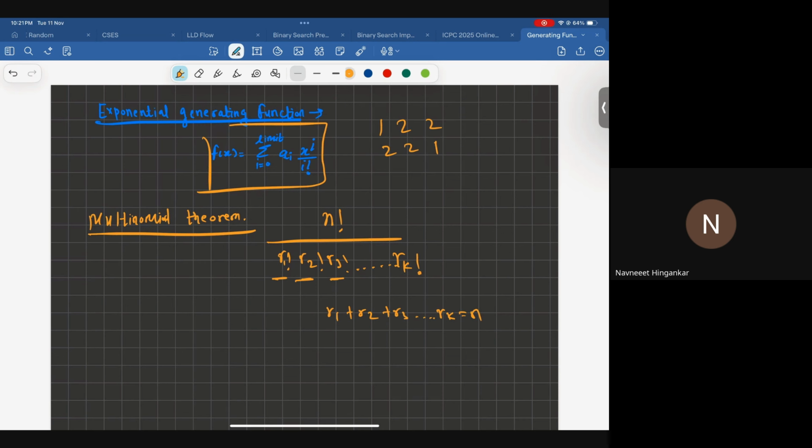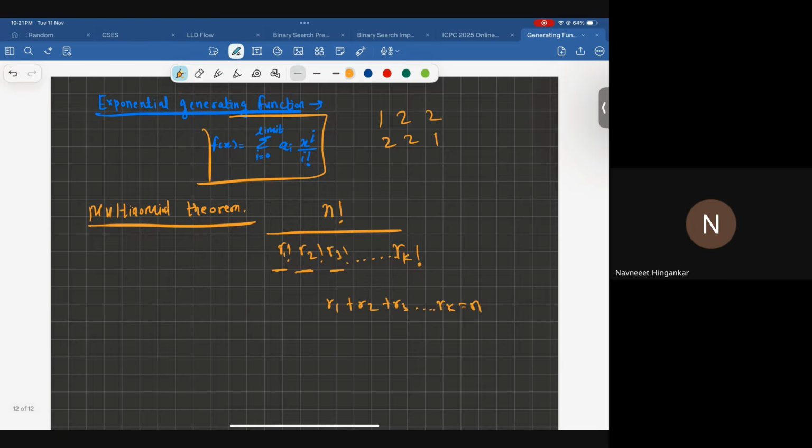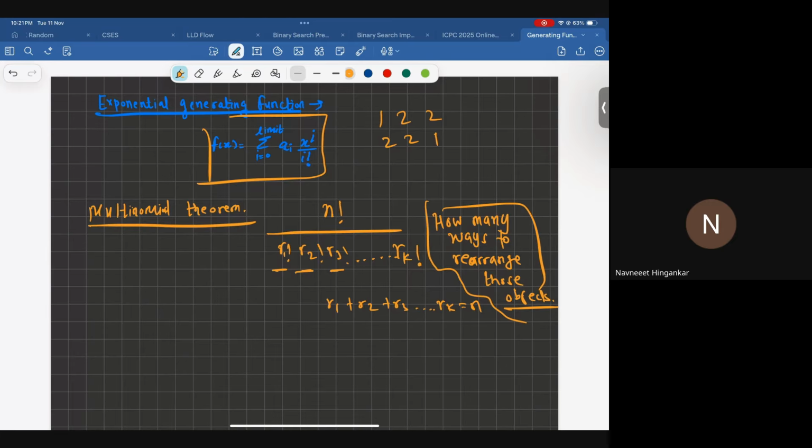So how many ways are there to rearrange those objects? So this is basically the multinomial theorem, and by the same multinomial theorem, you can see I can use the same exact stuff that we did in OGF. We can use the same thing for EGF.